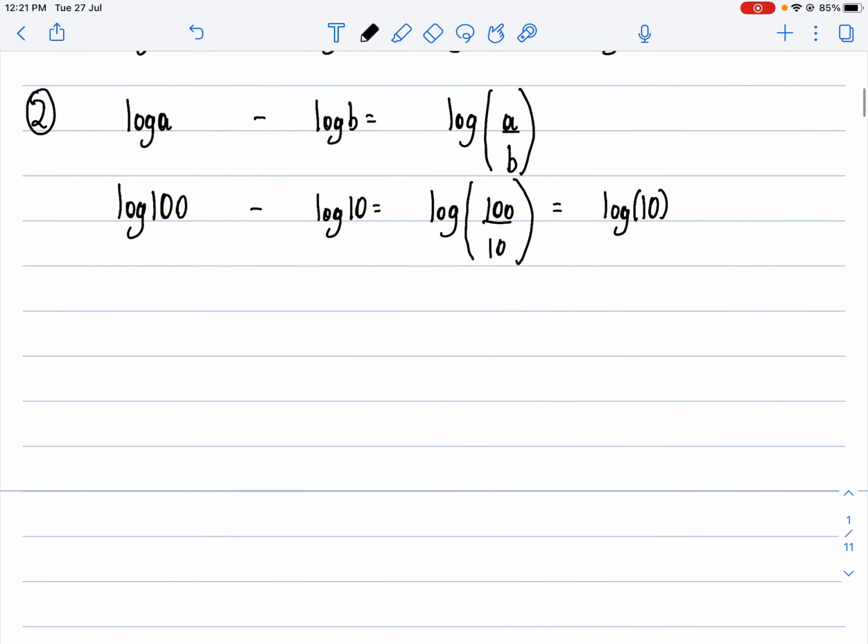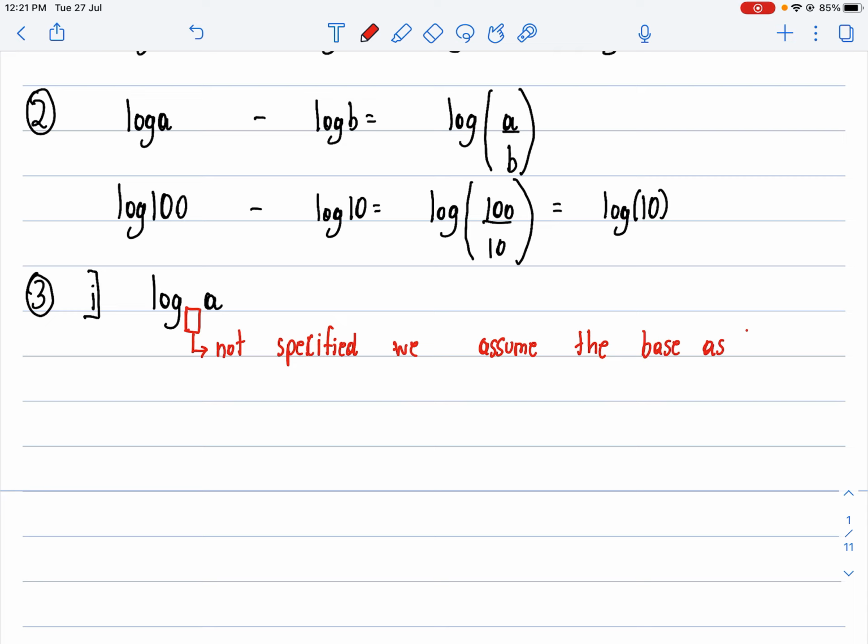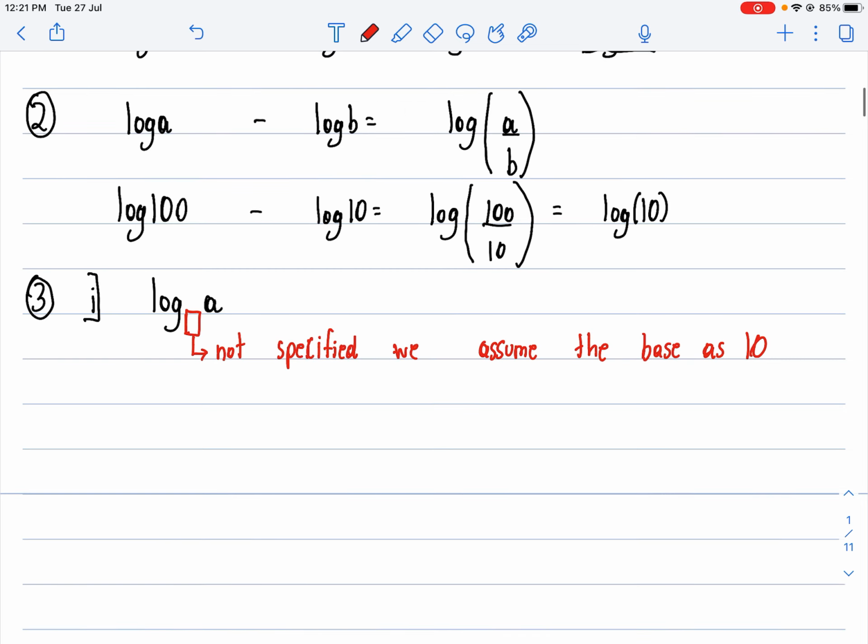Another thing you need to know, I write this in the third property. There are two properties here. The first property is that for log of any number, let's say log A, if the base is not specified, we assume the base as 10.